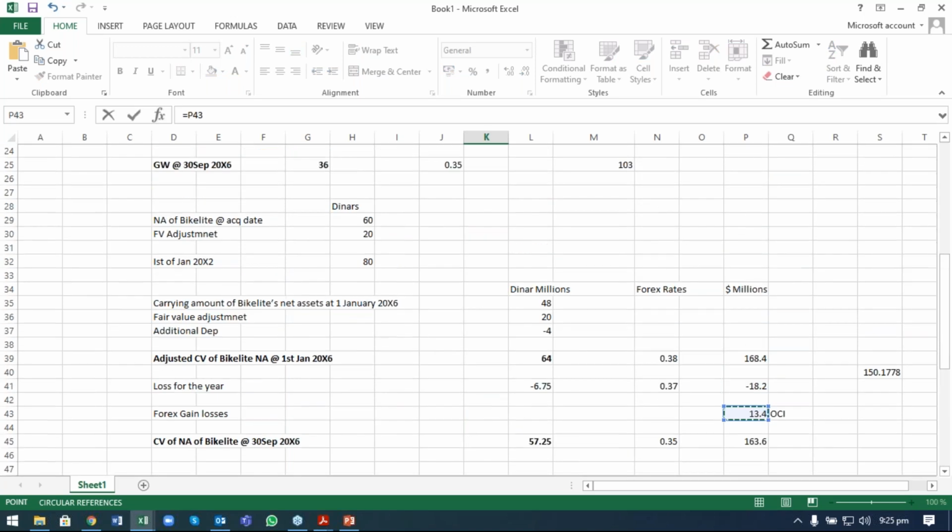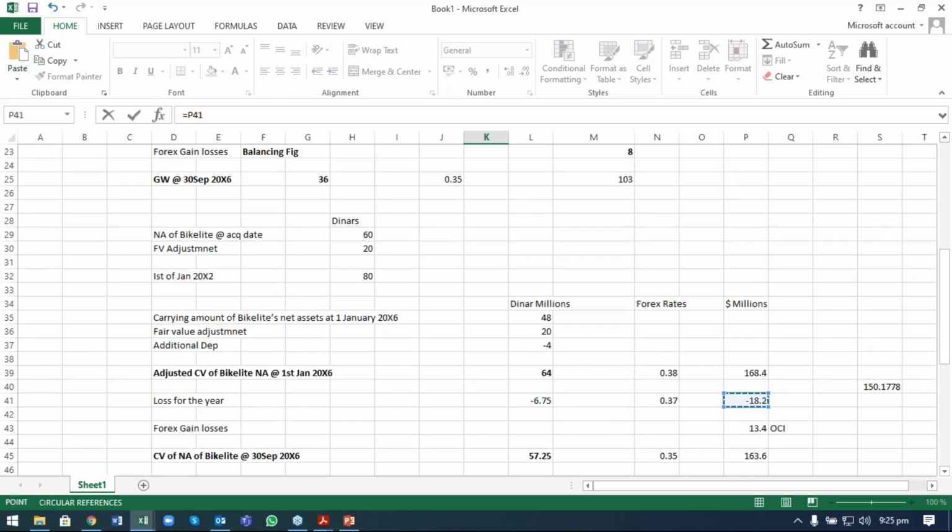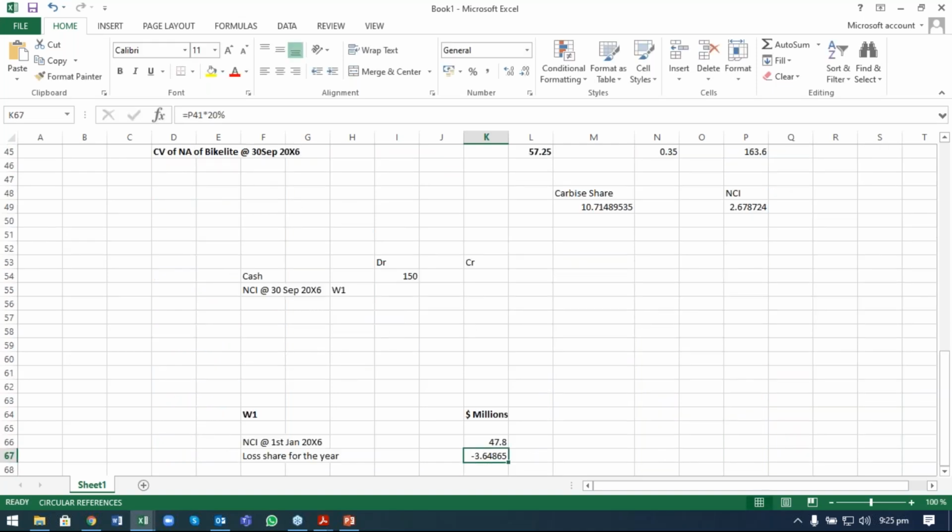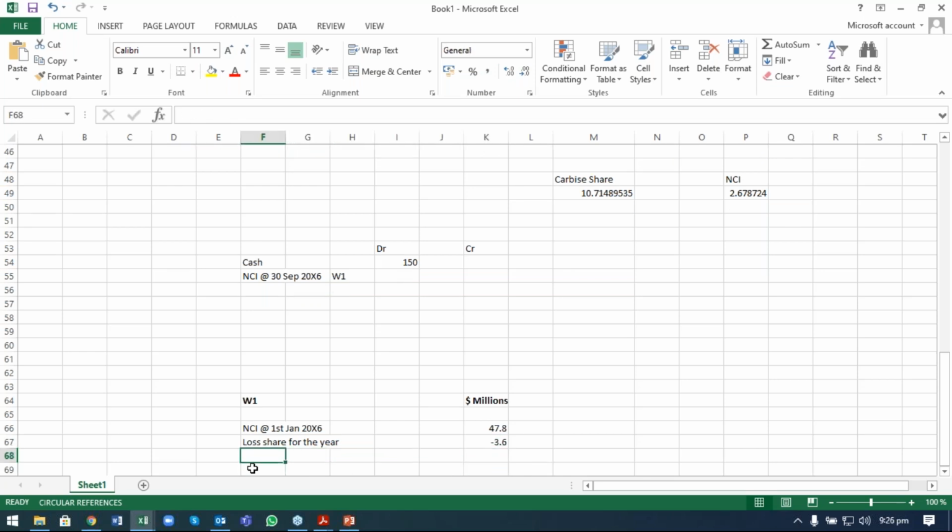This loss share should be reported as 18.2 million multiplied by 20%, right? So this is the loss that should be shared. Along with this, you have to make another adjustment. It's rounded to one decimal place. Loss share for the year.